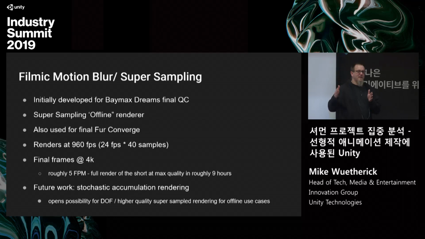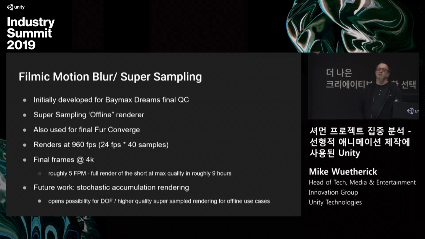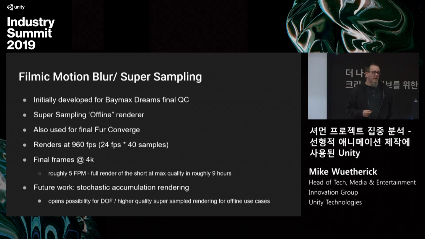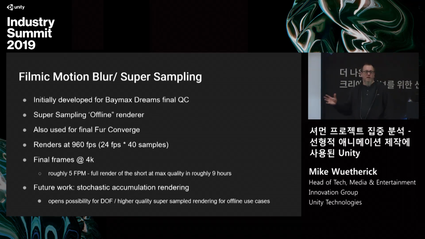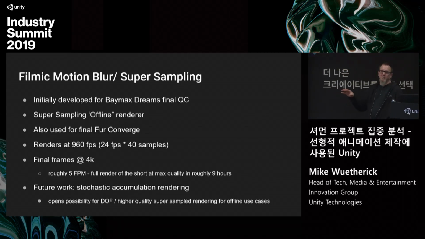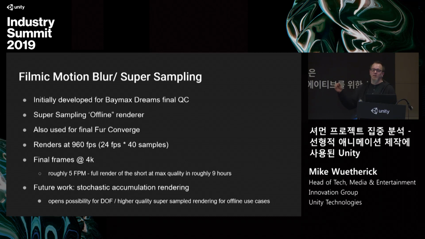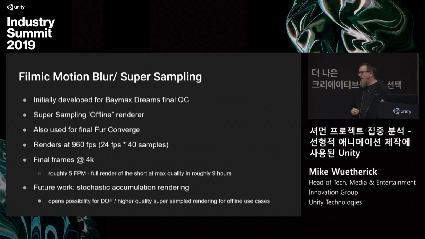So we're combining 40 frames as samples into a single final output. And this gets very, very high quality motion blur and output. So it's not out of the box; the final frames are not real time running at 60 frames a second. But again, that is not our objective. Our objective is to get the highest quality possible out of the engine.